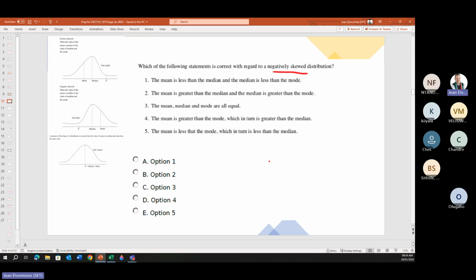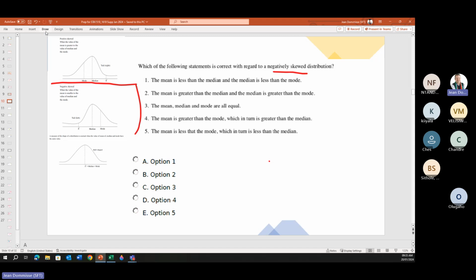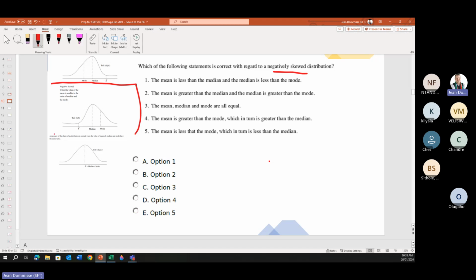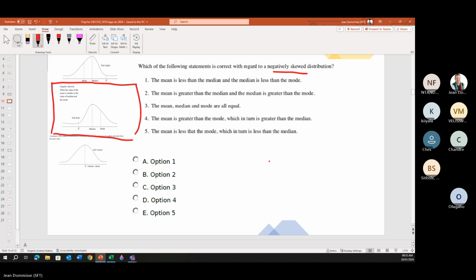Okay, so negatively skewed. So when we have negative skew, and again, please use these notes. You are allowed to use it.